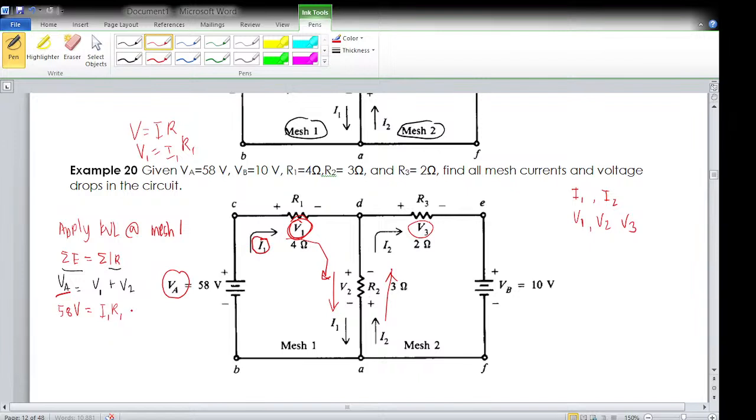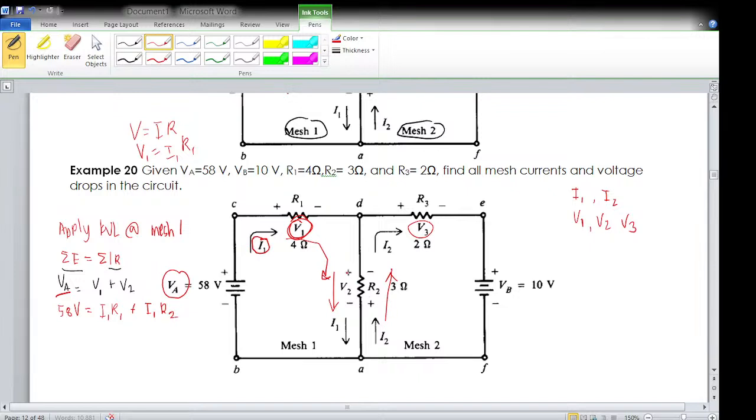Yes, ma'am. Okay, how about for V sub 2? How are you going to solve for V sub 2? What will be for the V sub 2? I sub 1, R2, ma'am. Okay, R sub 2. Now, how about etong isa?